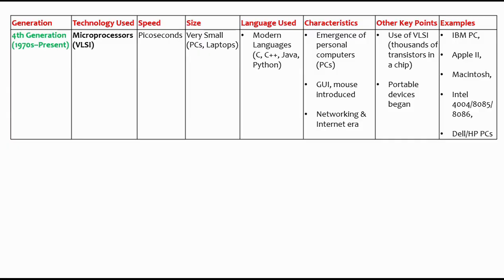Now coming to the fourth generation of computers, that was from 1970s till now. Modern computing truly began with the invention of the microprocessor. Here a microprocessor is a single chip that contains the entire central processing unit, which is CPU. These chips are built using VLSI technology, which stands for Very Large Scale Integration, which means thousands of transistors are packed into one small chip.